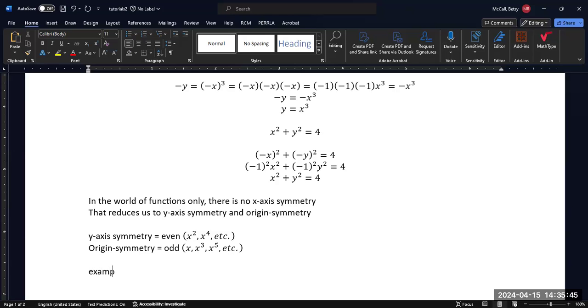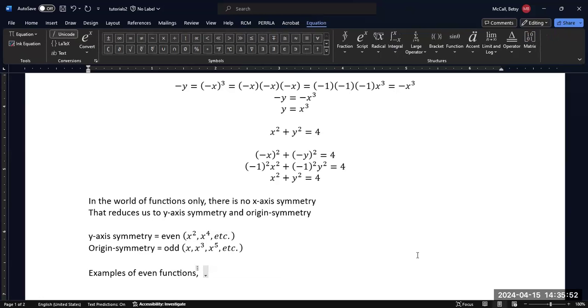So examples of even functions would include things like constants, actually, because they're polynomials of degree 0. x squared functions with or without a constant, not with a linear x term, but with a constant would be fine.